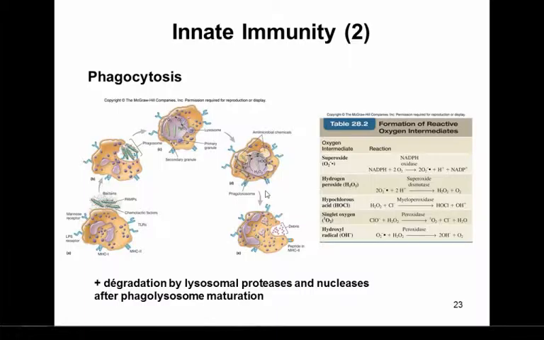If this is prevented, you don't have any of the oxidative burst, you don't have phagolysosome acidification, you don't have the production of all these toxic enzymes that will just pull apart the bacterial cell. Okay, so that's the role of the cellular arm of innate immunity.